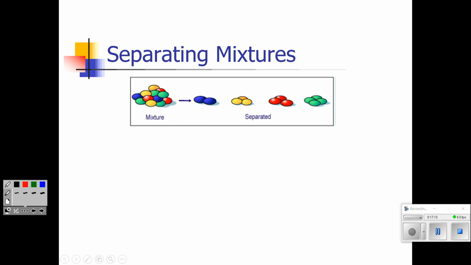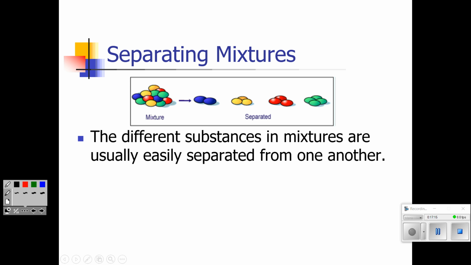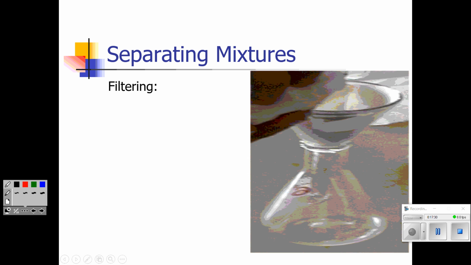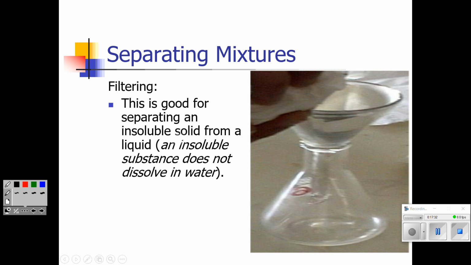So looking more closely, when you separate mixtures, the different substances in the mixture are usually easily separated from one another for the most part, and the method you use always depends on which type of mixture you have. So once again, filtering, and you guys did this. This is good for separating an insoluble solid.